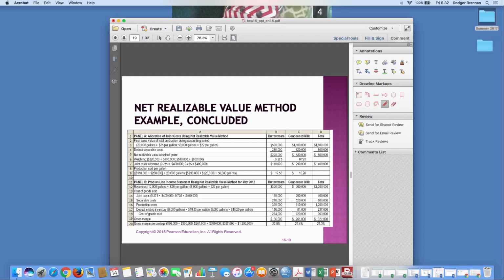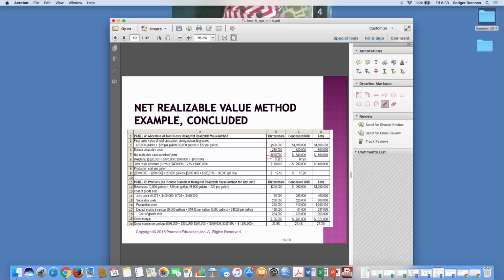Now, the total separable cost here are the sum of 280 and 520. Okay, so the total net realizable value is 800,000, and that is beyond the split-off point. I can sell the buttercream for 500,000, but it's going to cost me 280, so I net out at 220. That's what I'm going to make.